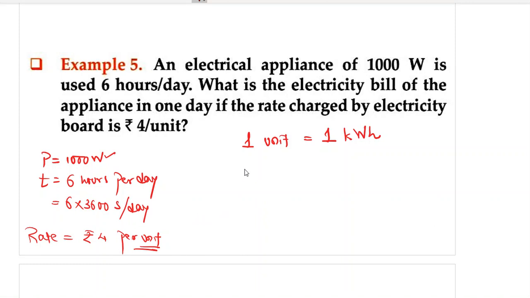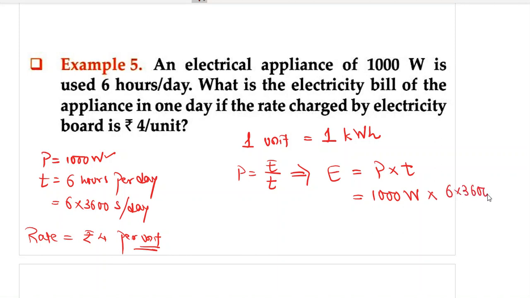But it's easy. We know that power is equal to work done or energy consumed upon time. So that means energy is equal to power into time. What is the power? 1000 watt. What is the time? 6 into 3600 seconds. So we have watt and seconds over here. Can we convert it into kilowatt hour?